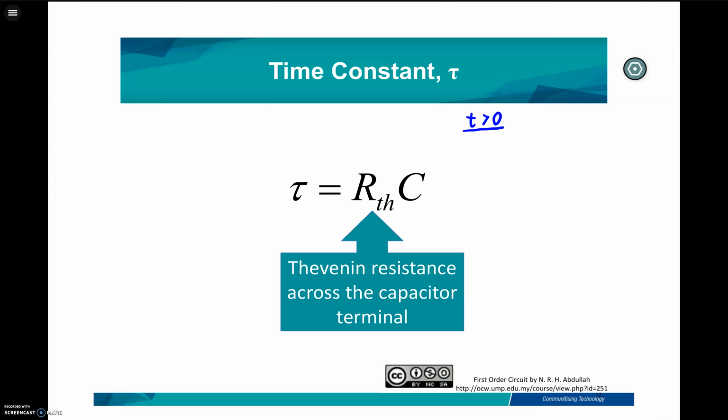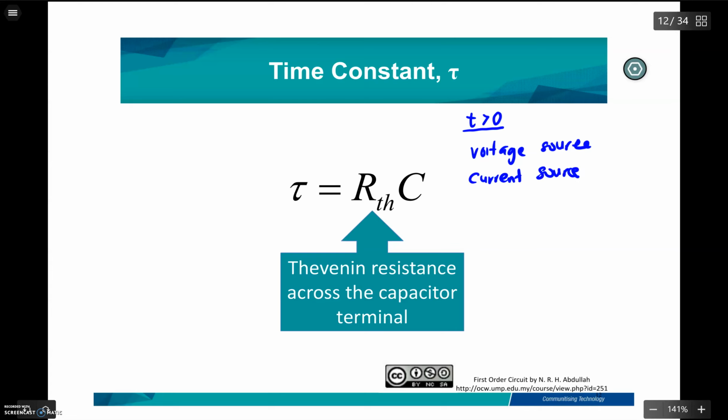So in this condition, the circuit will consist of a voltage source or current source.